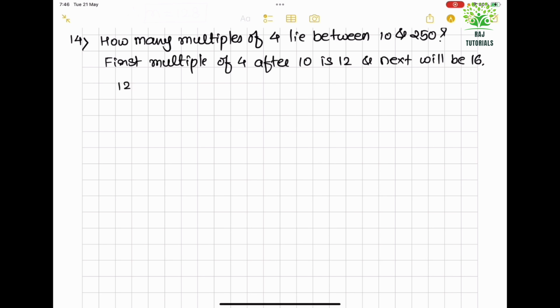So I can say 12, 16, 20, and so on it will go. Now still I don't know the last number. To get the last number, it should be below 250. When we divide 250 by 4, the remainder is 2.